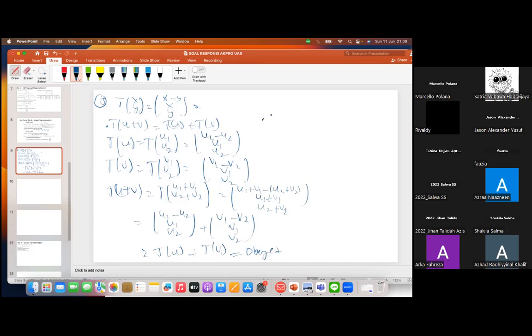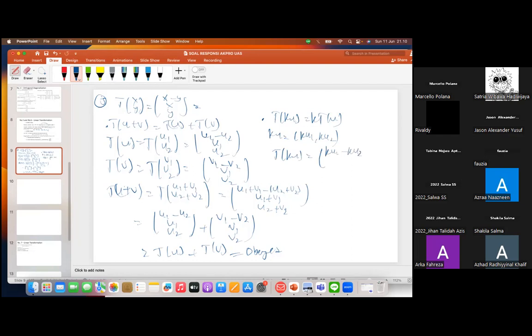Now we go to axiom 2, which is T KU equals KTU. So KU is KU1, KU2. Hence TKU equals KU1 minus KU2.